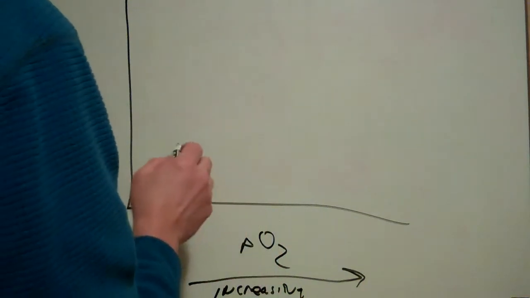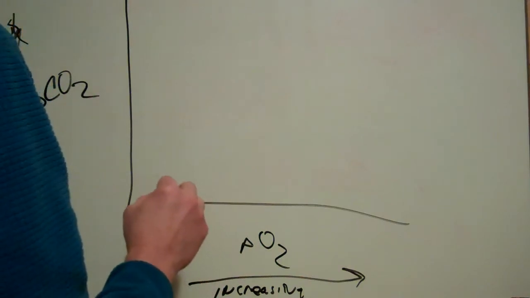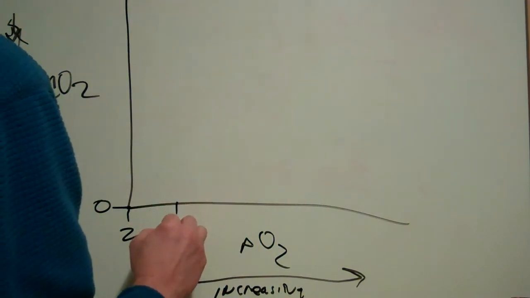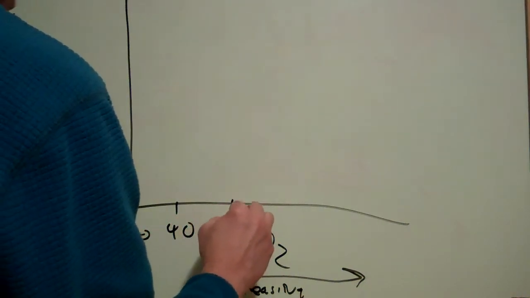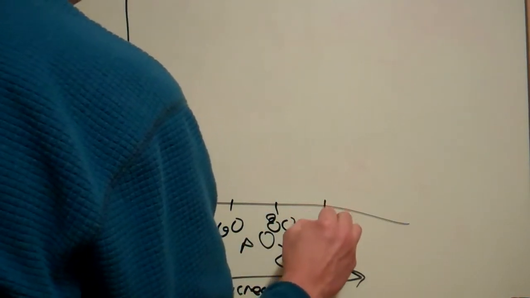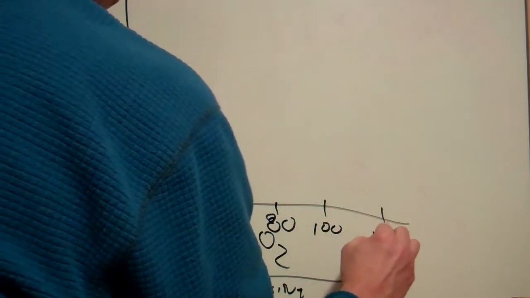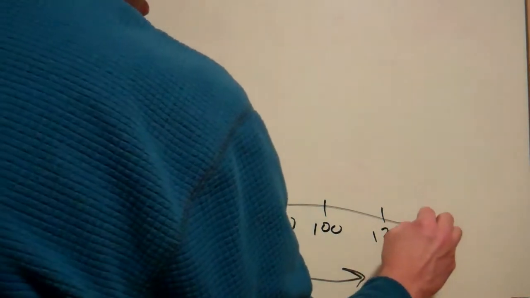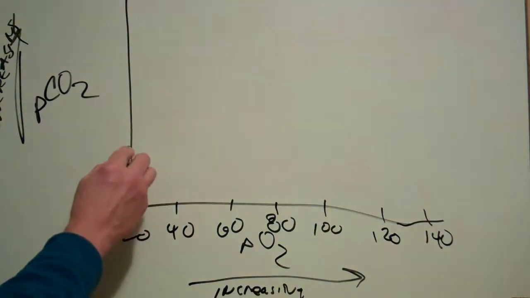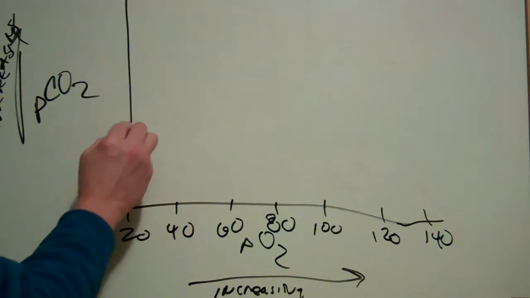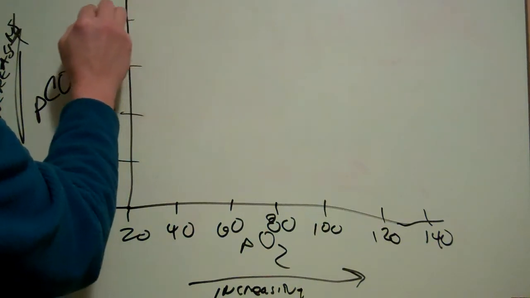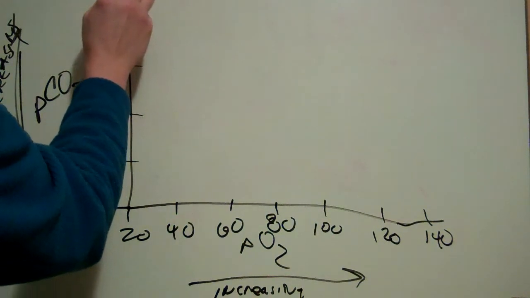And so what you need to know is, let's start out with this being 0, this being 20, then 40, then 60, then 80, then 100, 120, 140, and on my crappy graph 20, 40, 60, 80, and 100.